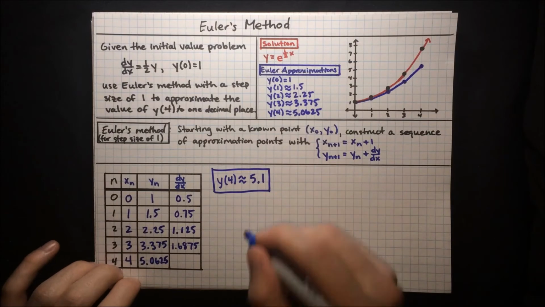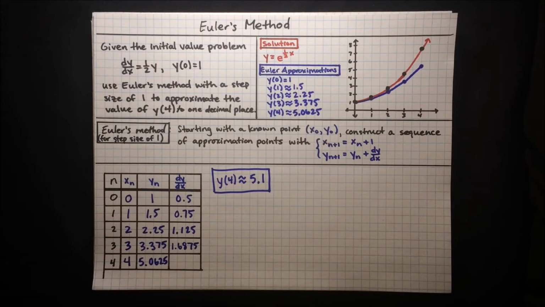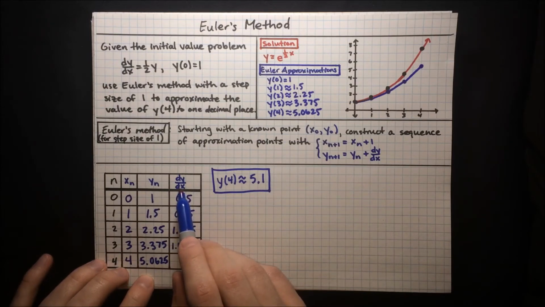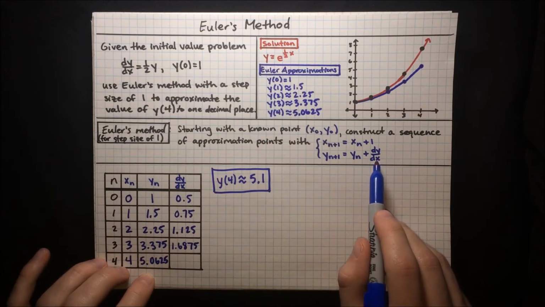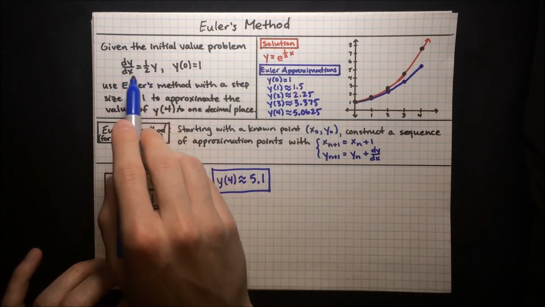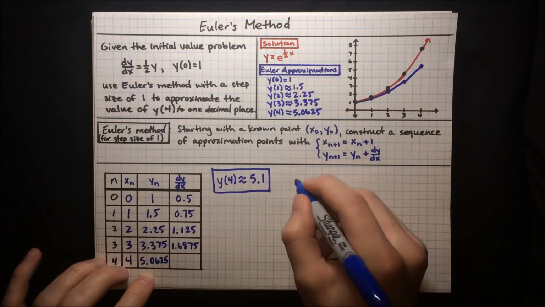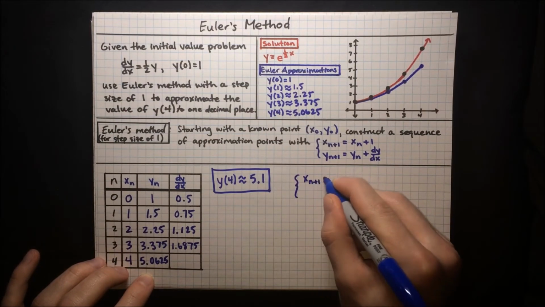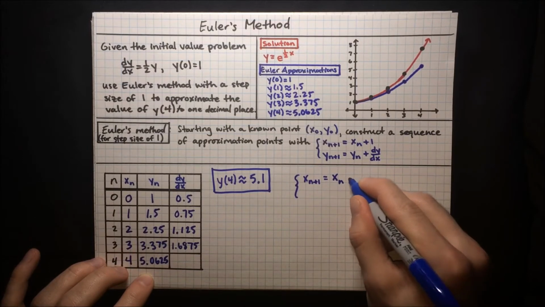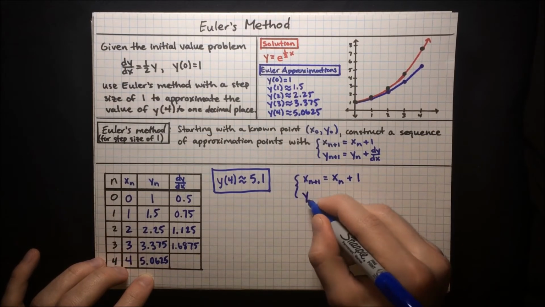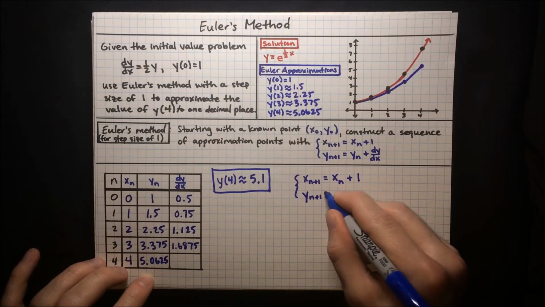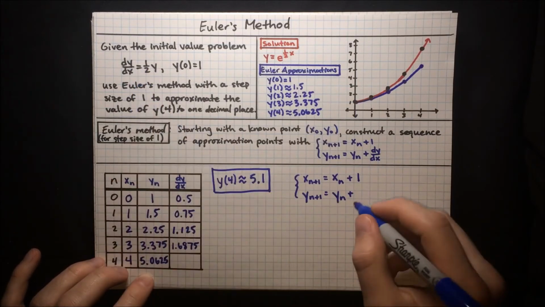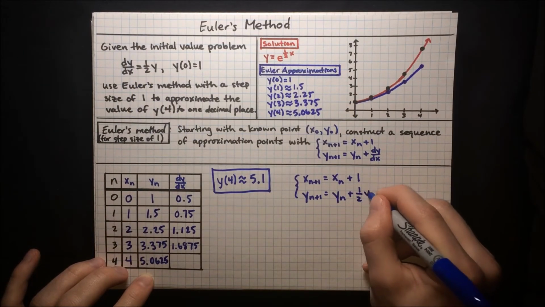That is our solution. Now, a quicker way to do this process in the future is to include the step of computing the derivative in our update equations. We can just substitute the derivative expression into our update equations. Then x would stay the same, xn+1 equals xn plus 1, but the y update equation would become yn+1 equals yn plus dy/dx, which is just a half of y, so a half yn.